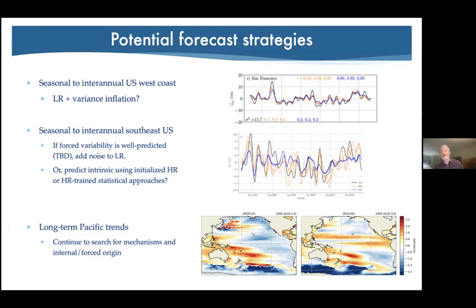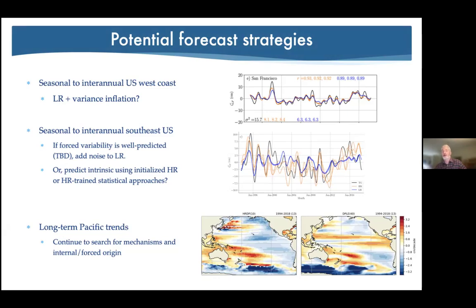So then if you get to the Southeast US, that's probably not a way that we can go about this. We've got a lot of intrinsic variability that, first of all, we don't really understand exactly what it's contributing, and second, it changes the nature of that correlation.